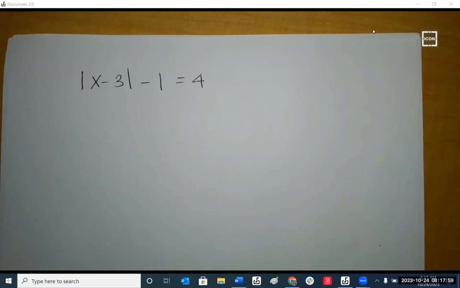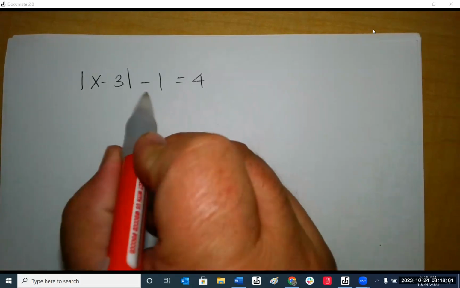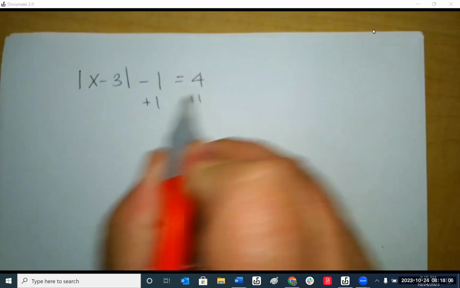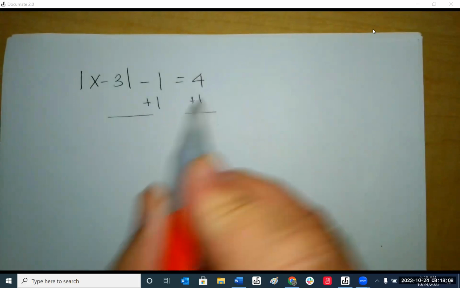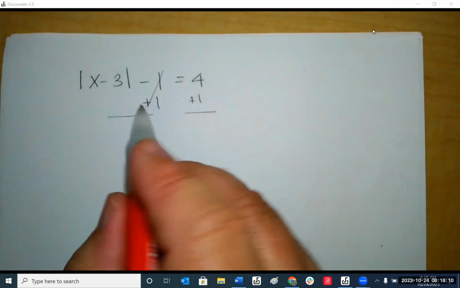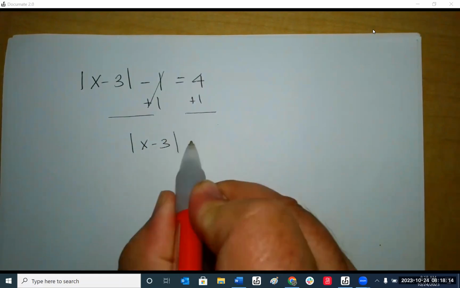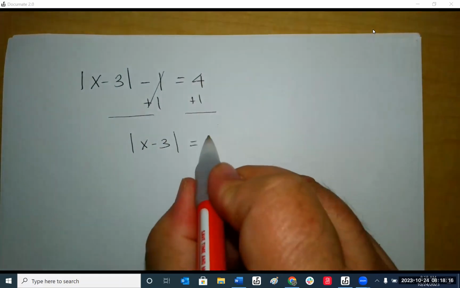First step, isolate the absolute value. Get rid of the -1. So we add 1 to both sides. 4 plus 1 is 5.